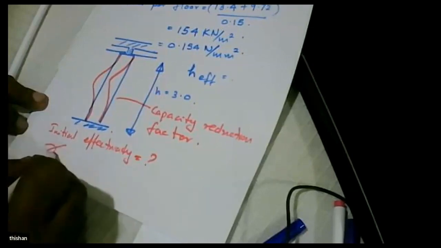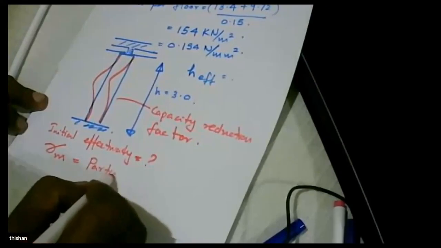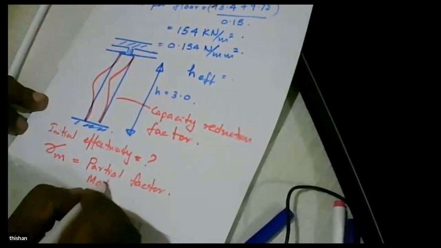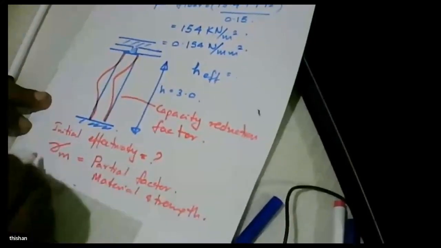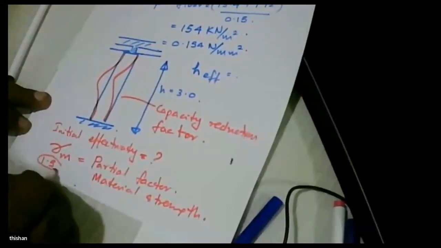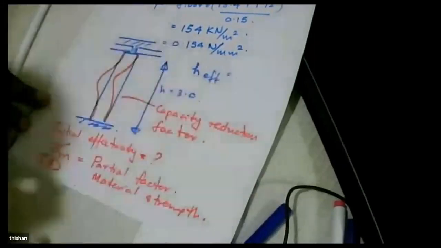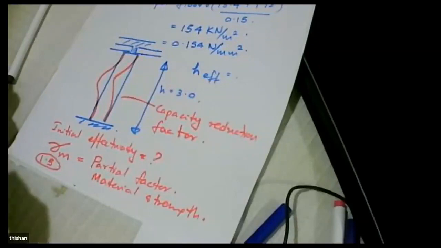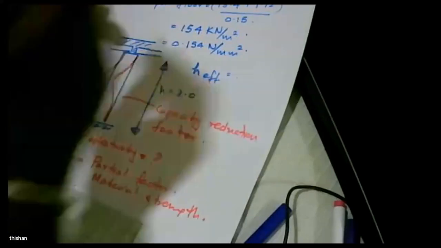And then the other parameter that we have to look at is the partial factor for material strength. In concrete we use 1.5, but in masonry we use higher values to allow for quality variation in work and construction. Okay.